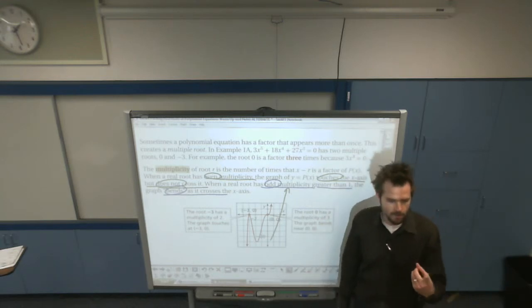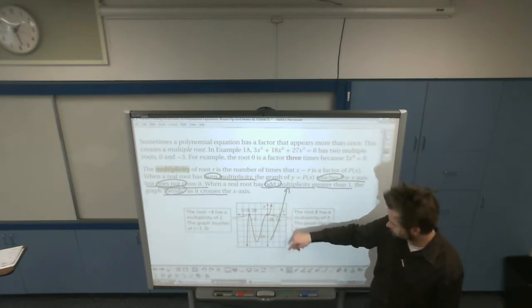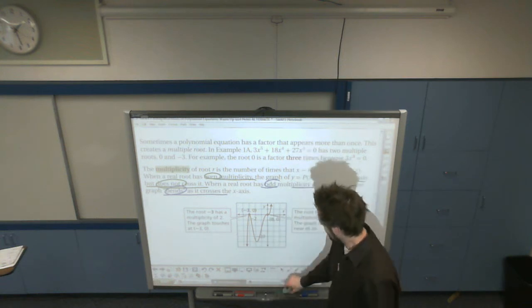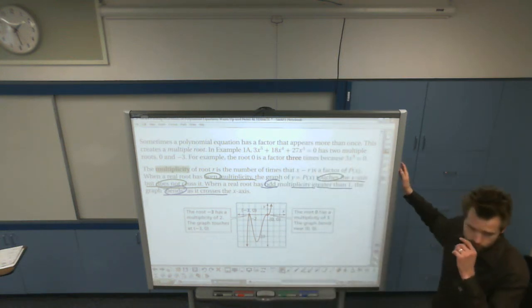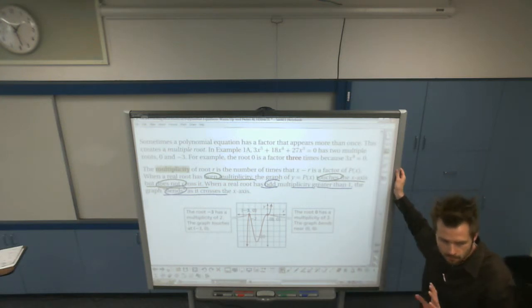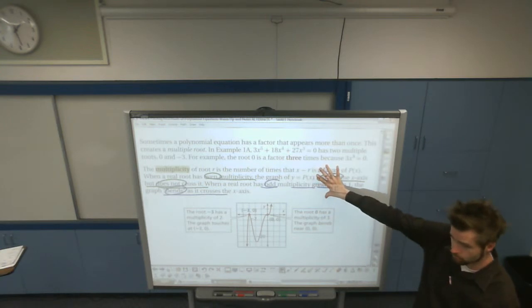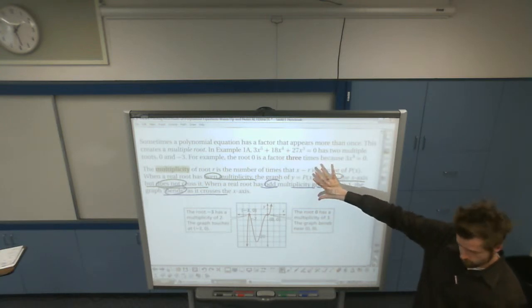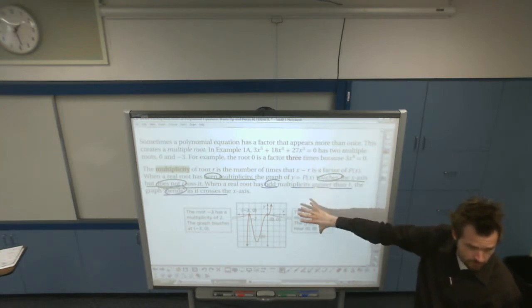If a root occurs an odd number of times but bigger than 1, like 3 or 5 or 7, then it's going to do this weird bend thing. If you decided not to learn anything else from this whole section, which is a bad plan, don't do that. But if you did, yet understood everything on this page, this is the main thing in the section. This observation, connecting these facts.